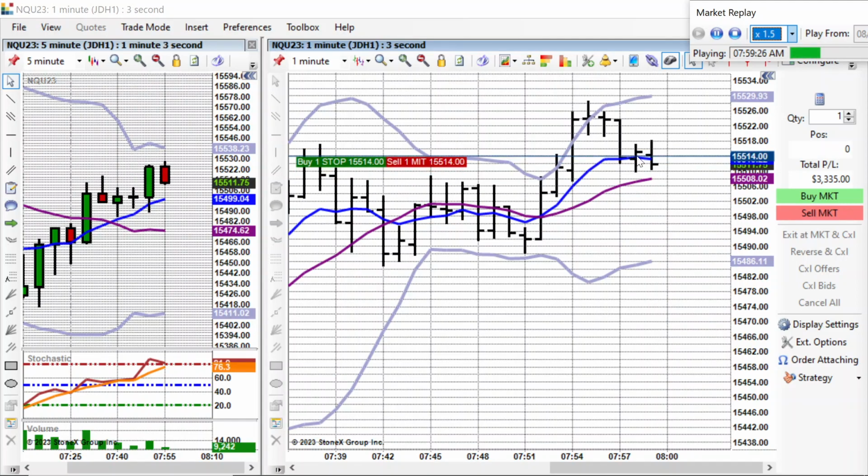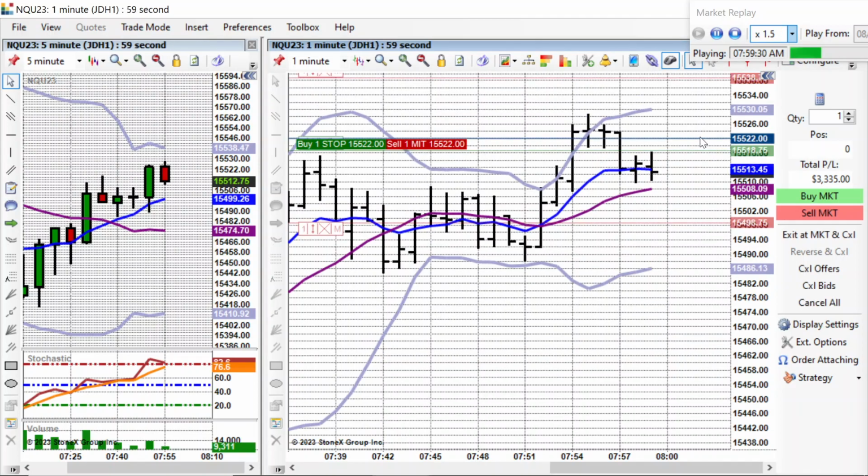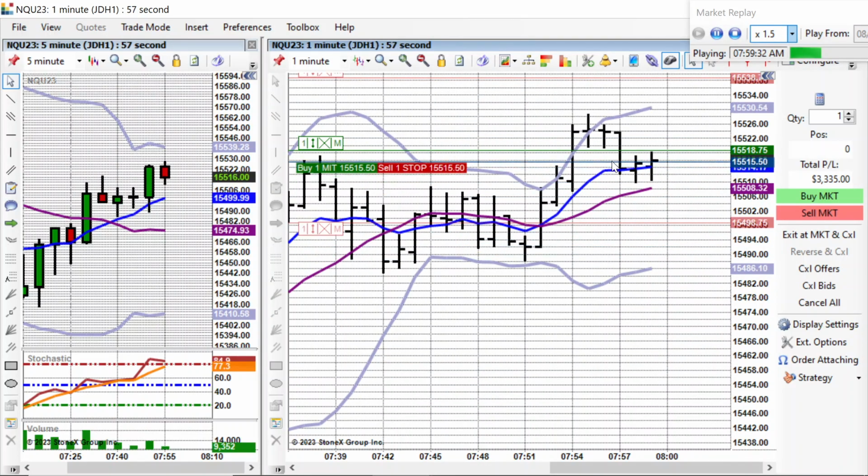Okay, so if this starts bending upward, which it will if it has momentum, it takes me through that line. Probably set it too close here. See, now it's starting to bend that trade upward.